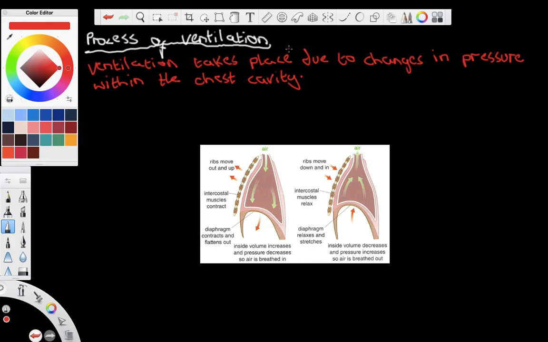Now, there are two processes to ventilation. There is what's known as inhaling, which is a posh word for saying breathing in.